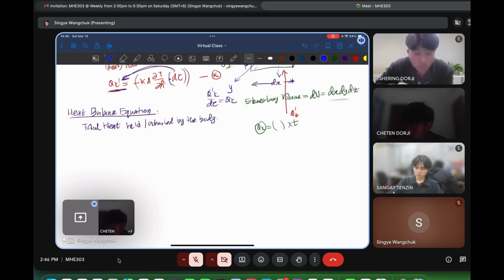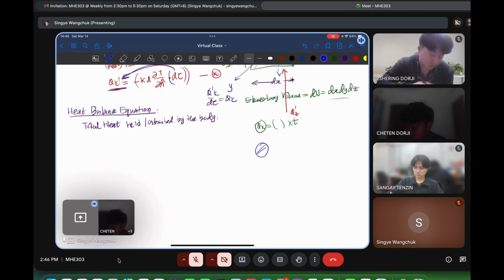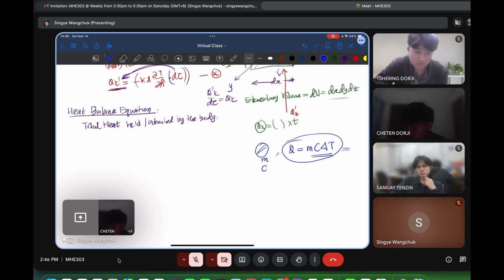Actually, in a solid, if we have a solid of mass m, and if the specific heat capacity of the solid is c, then we have Q equals mc delta T. Do you have knowledge about this? So what is this actually?